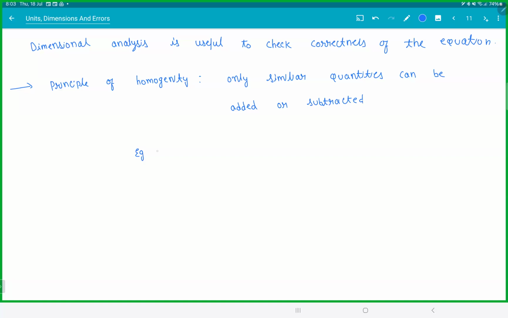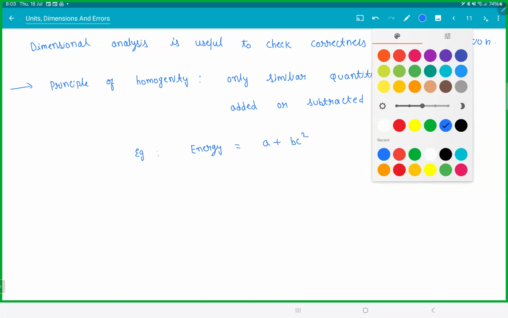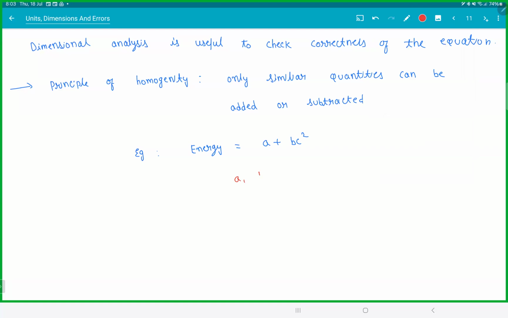Example, if you say the quantity energy is given by A plus B into C square, you can be sure the quantities A and B C square should both be in energy terms. So A must be energy and B C square should be energy.